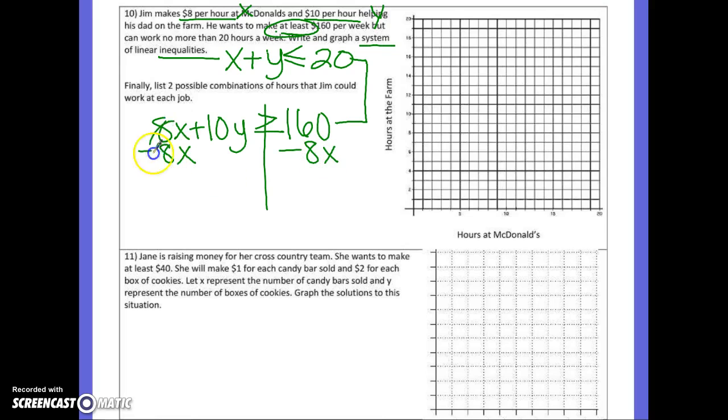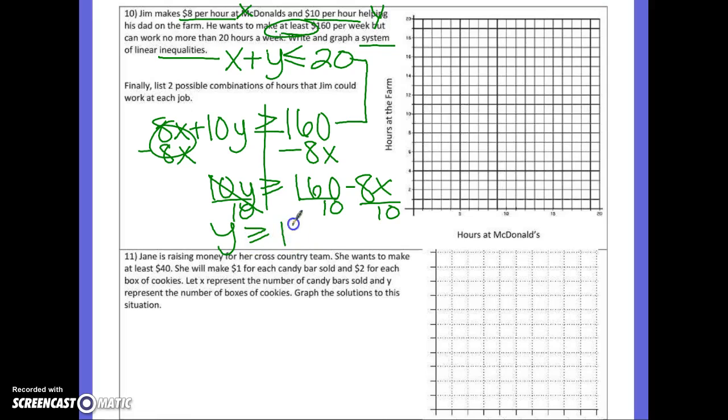Minus 8x, 160 minus 8x, divide out 10. Y is greater than or equal to 16 minus 8 over 10, which reduces to 4 over 5.